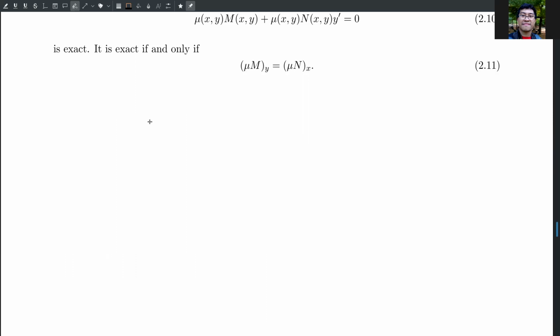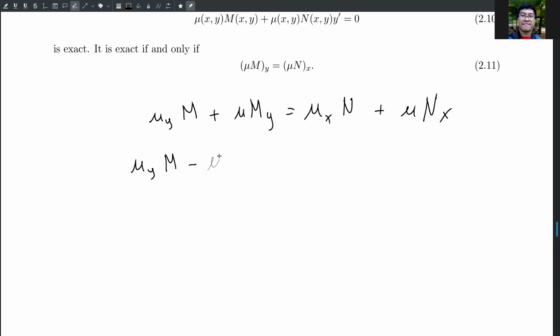So if we expand this, you have mu sub y M plus mu M sub y equals mu sub x N plus mu N sub x. Or we can combine terms: mu sub y M minus mu sub x N plus mu M sub y minus mu N sub x equals 0.